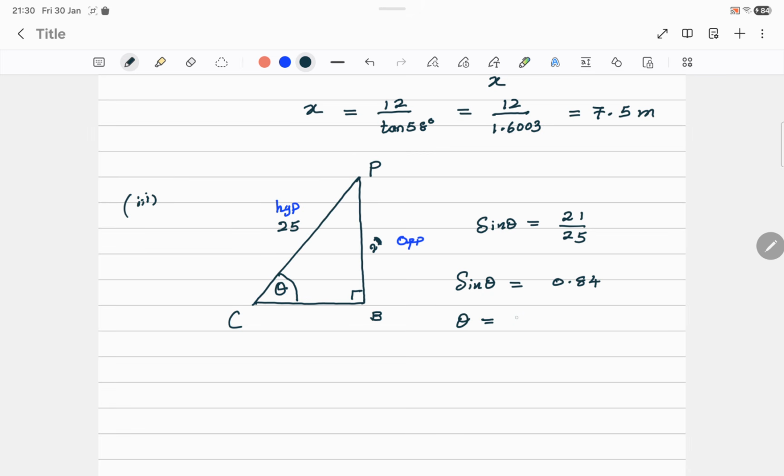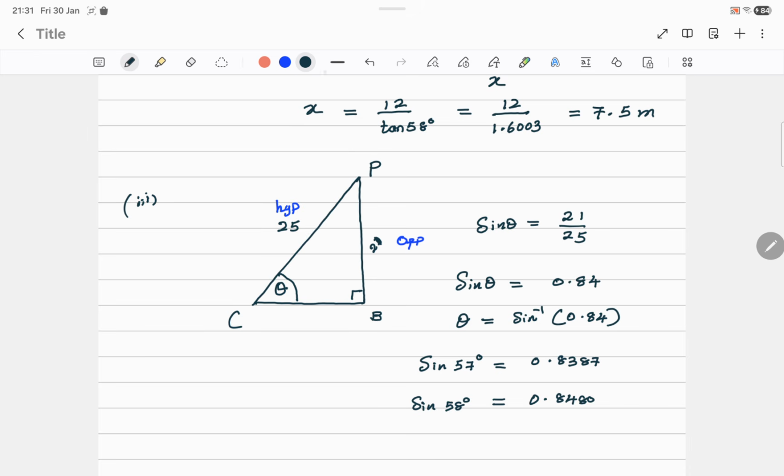Right, so we need to find sine inverse 0.84. Use the table and figure it out. From the table we see what? Sine 57 is 0.8387 and sine 58 is 0.8480.